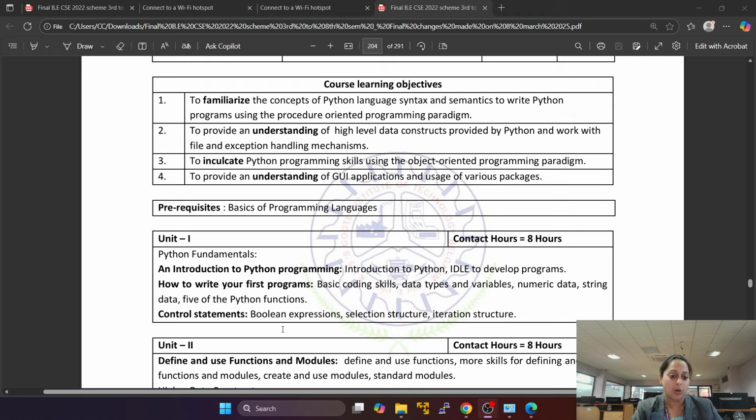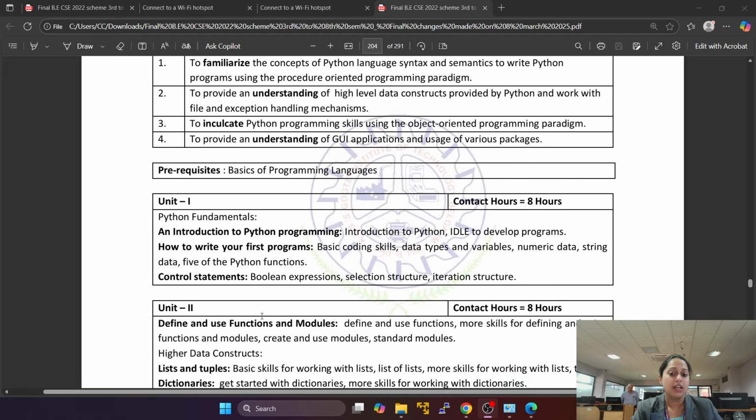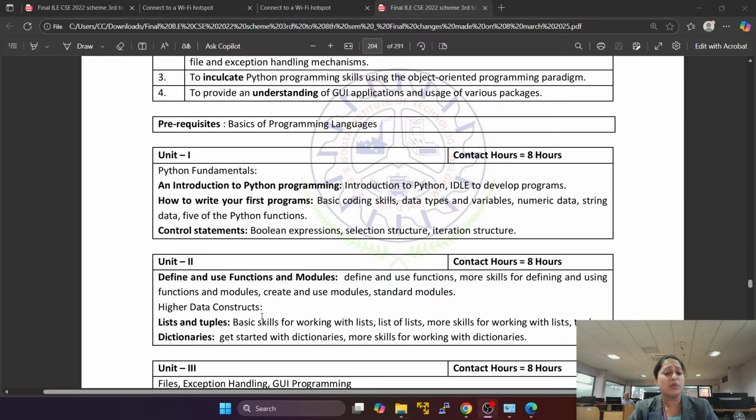The syntax is not very complex. We will also discuss the control statements, different types of statements. In Unit 1, all basic concepts of Python we will be discussing.